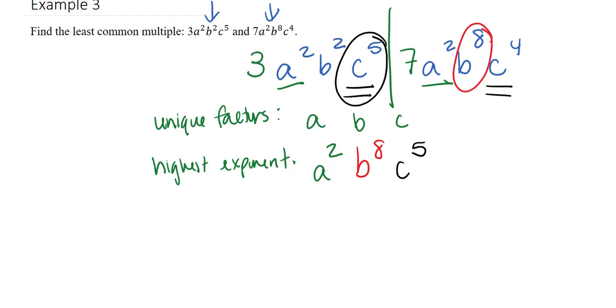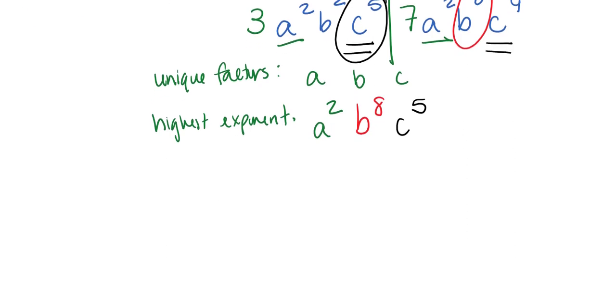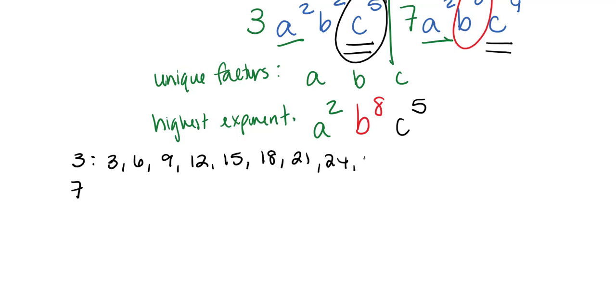Now, we need to find the least common multiple between the two numbers. So let's go ahead and look. We have 3, 6, 9, 12, 15, 18, 21, 24, 27. We'll stop there. 7, 14, 21, and 28. Let's just stop there.